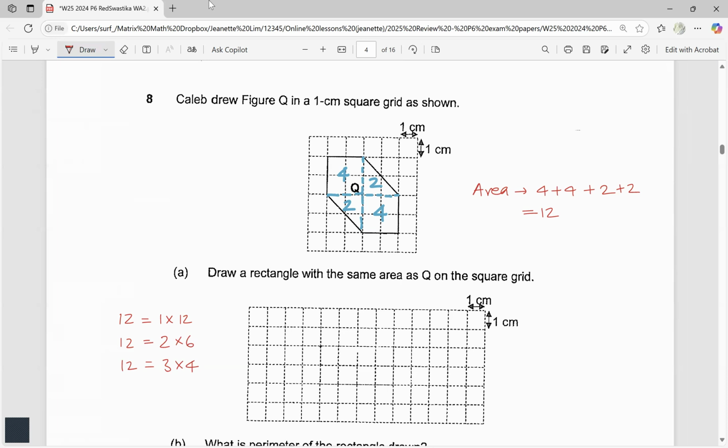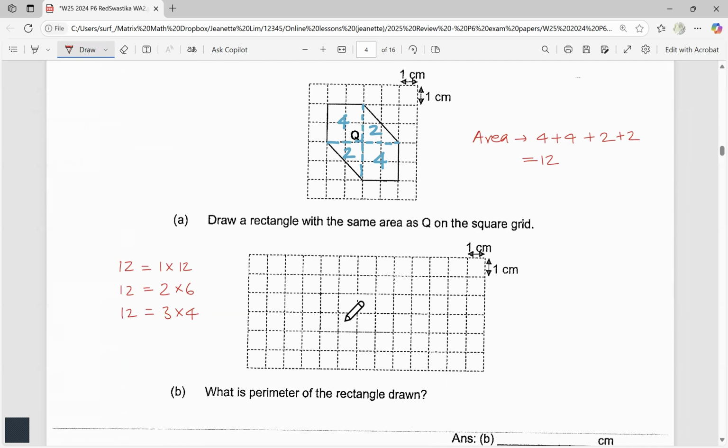I'm not going to fit all 3 rectangles into the diagram. What you need to do is to just draw one on the grid itself. So if you have a 1 times 12, because of a lack of space, I'm just going to squeeze it up right at the top. So 1 times 12, so 2, 4, 6, 8, 10, 12.